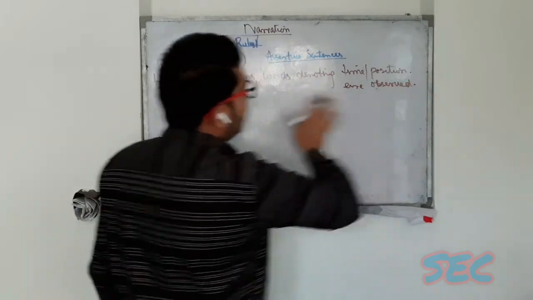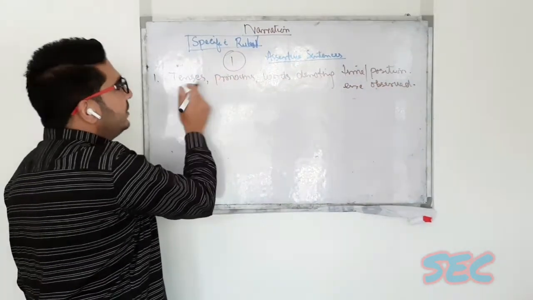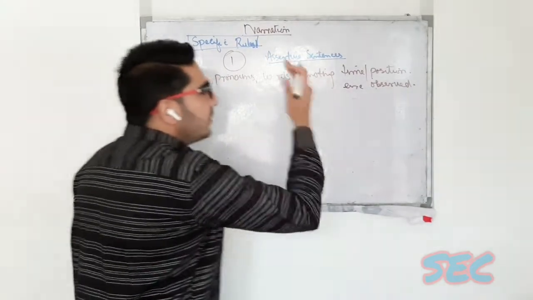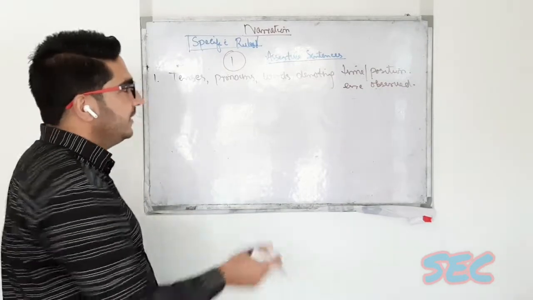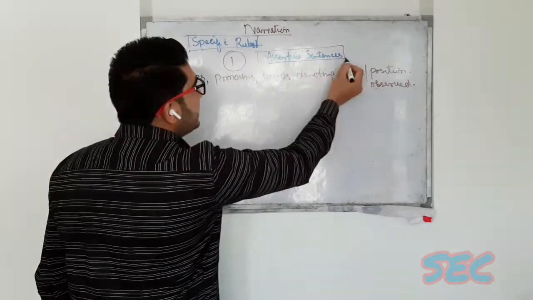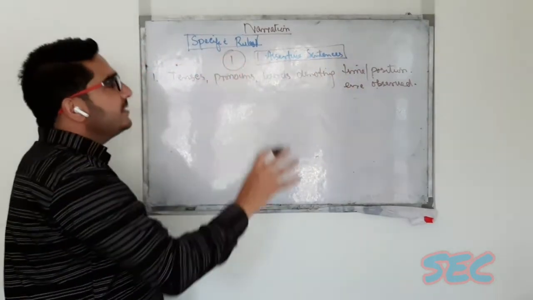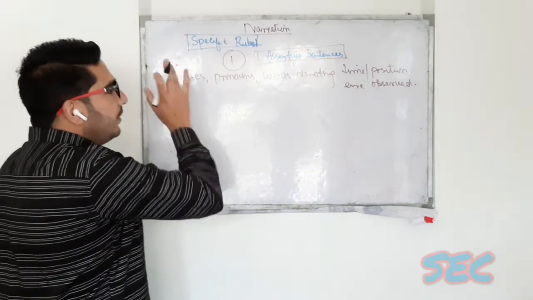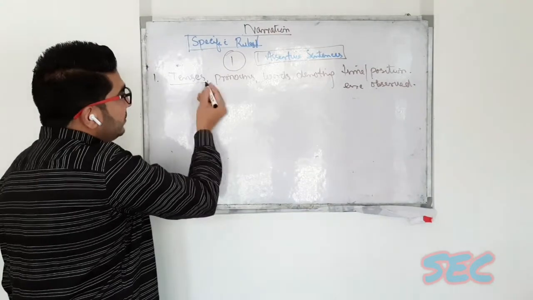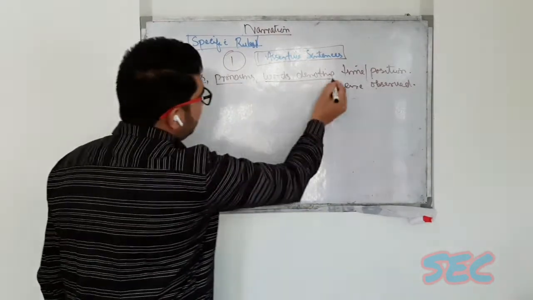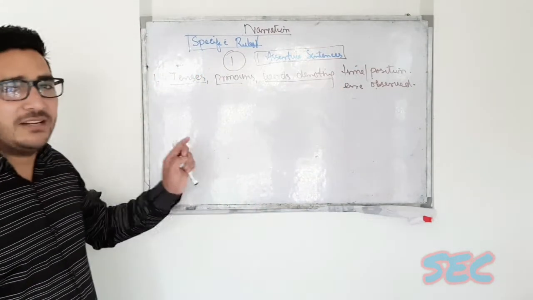So this is general. These rules 1, 2, 3, these rules are followed in every kind of sentence. I am talking about assertive sentences right now. In assertive sentences, the first rule which we follow, we can write like this: tenses, then pronouns, then words denoting time, position, but that will become lengthy.